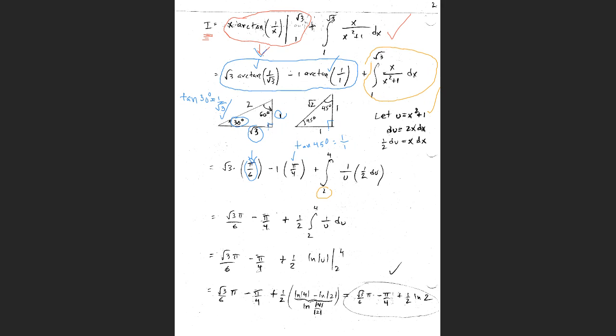So 1 squared plus 1 is equal to 2. And the 4, that comes from root 3 squared. The x limit was root 3 on top. So if you take root 3 squared plus 1, you'll get 4. See how beautiful that is?